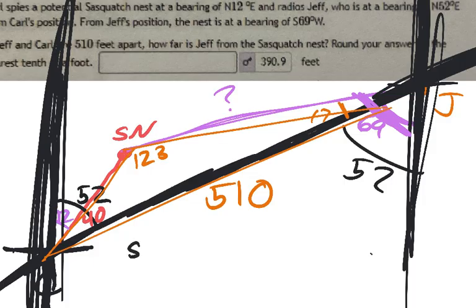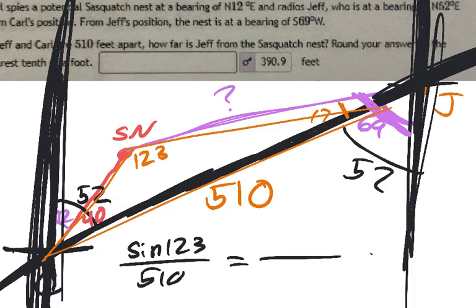So I can go sine of 123 over 510 equals sine of 40 over, I'm just going to leave it as a question mark, since I made it a question mark before. I could have made it X, could have made it whatever. And I'm going to trust you guys can go from there to solve for the question mark.